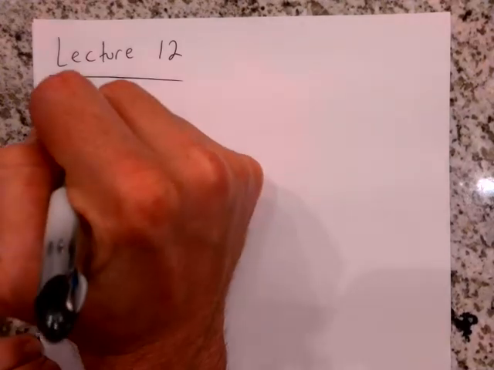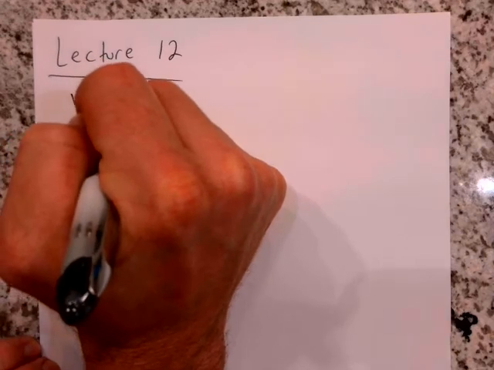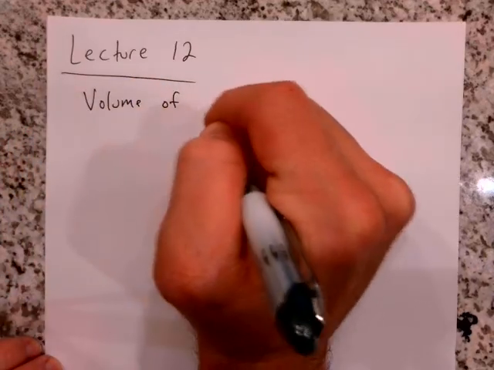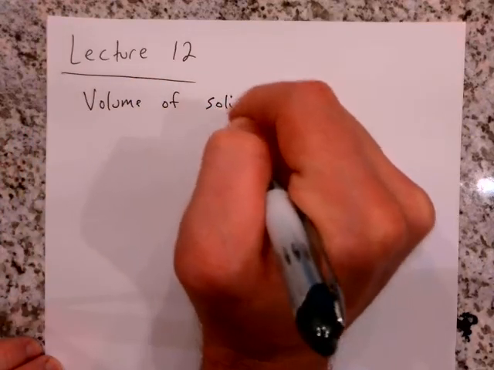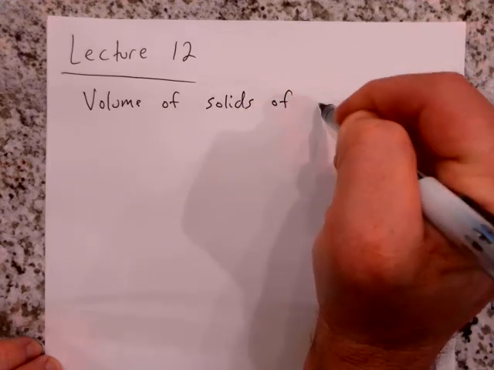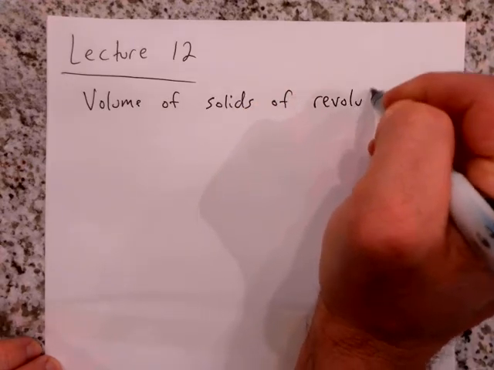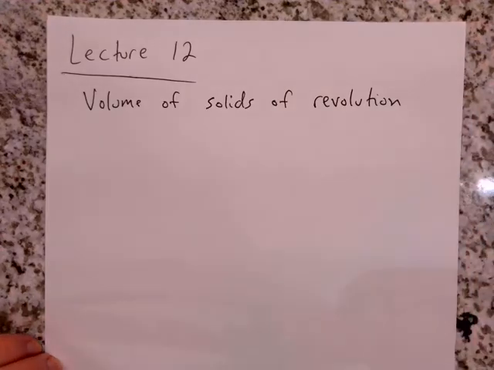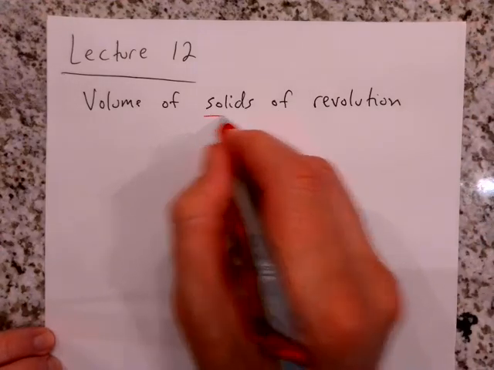Lecture number 12. We started doing volume on Monday's lecture. Now we're going to look at how to find the volume of solids of revolution. So what does this mean, to be a solid of revolution?